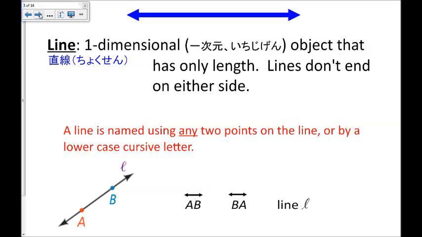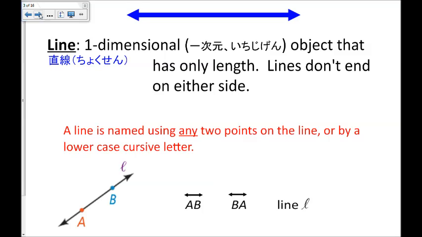Another important vocabulary word is line. A line is a one-dimensional object that has only length. Lines don't end on either side.